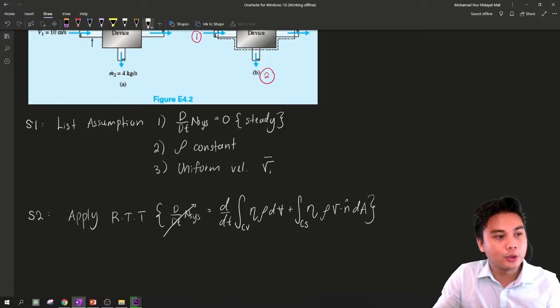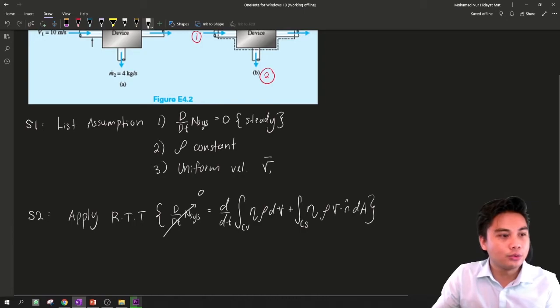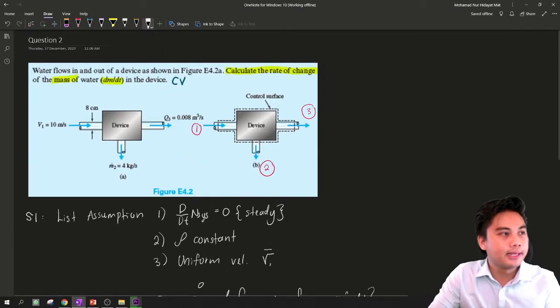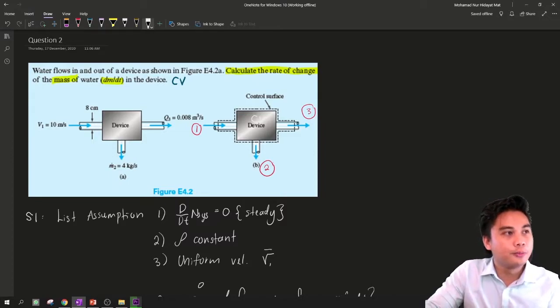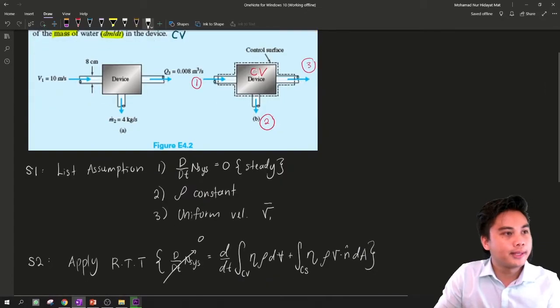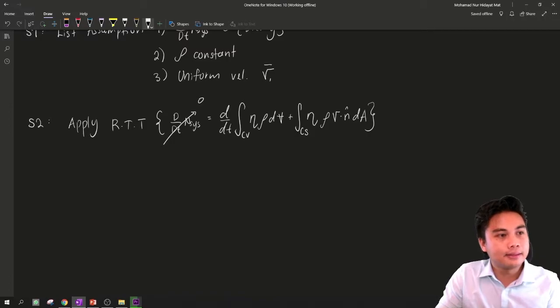So this one equals 0, and this one we cannot set to 0 because the question asks to calculate the rate of mass change in the device, which is the control volume. So from here, we expand this term, as well as this term.